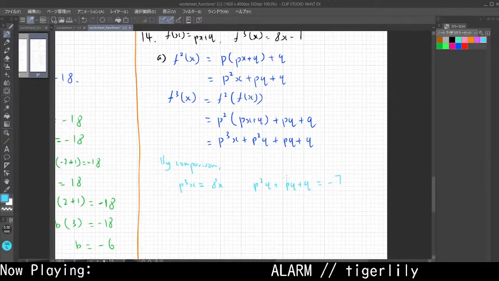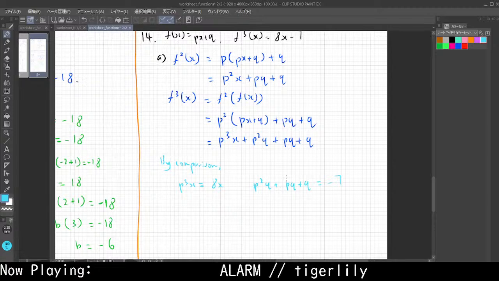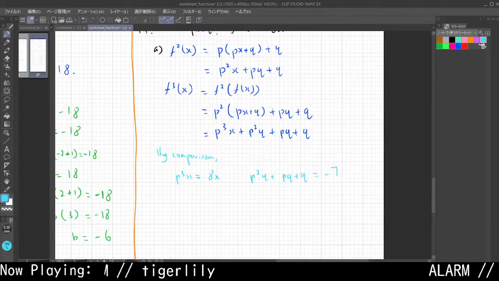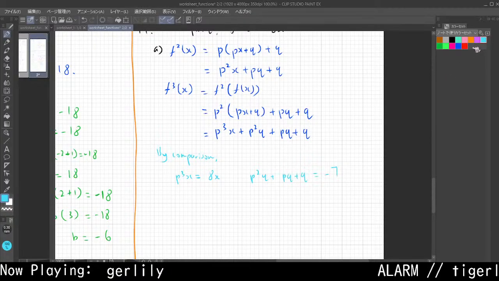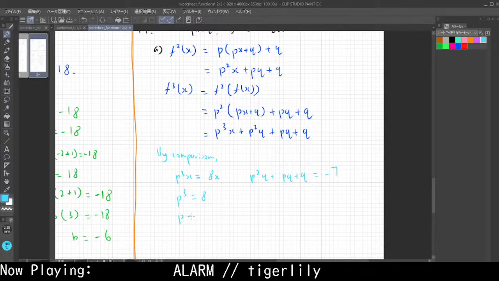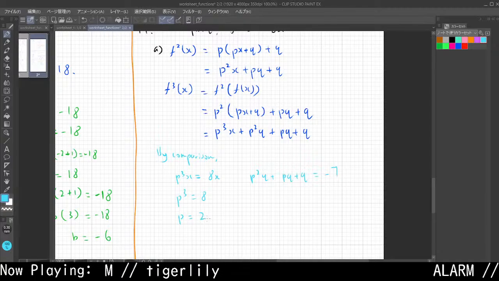This is basically a cubic, but it doesn't really matter because you can substitute the value of p into it. So x with x cancel out, p cube equals 8, p equals 2.